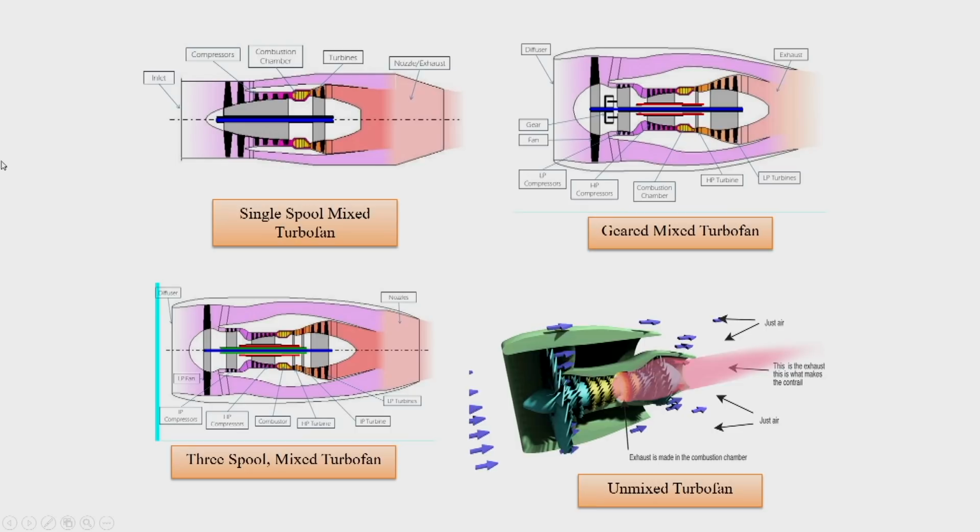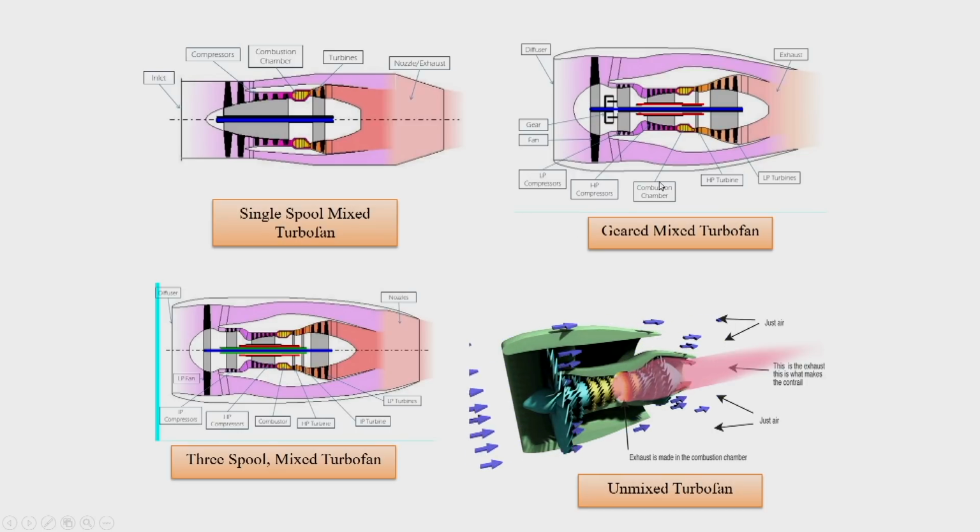Then there are different arrangements of the turbofan engine. We have seen some arrangements of this kind earlier also. So we have a single spool arrangement. Then we can have a fan which is connected in a spool with a gearbox to the turbine, such that you have geared operation for the fan.